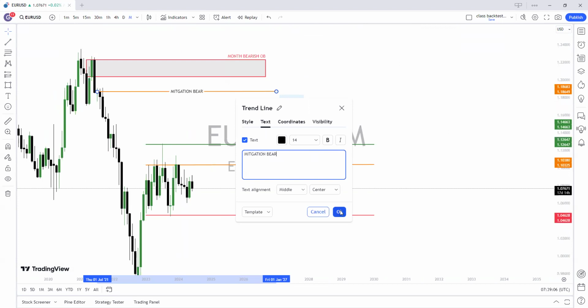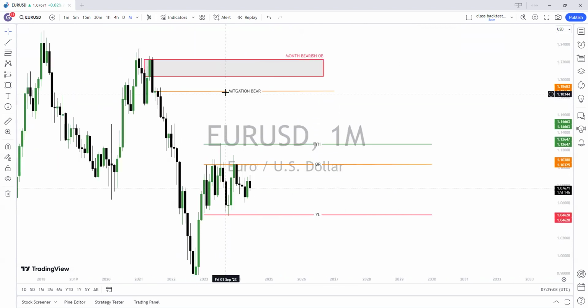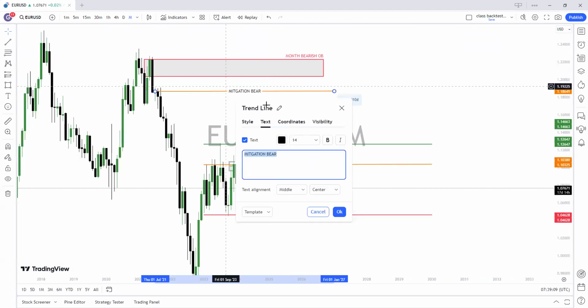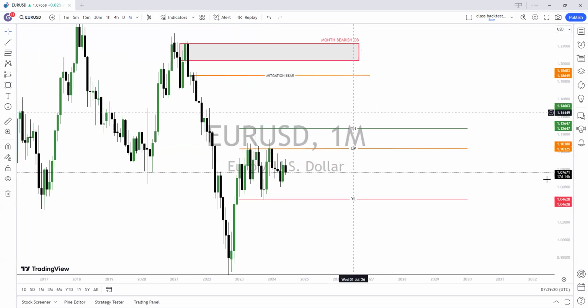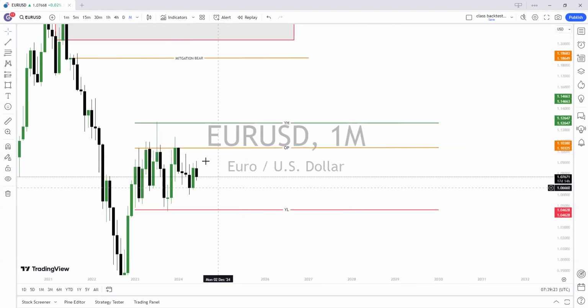Understand? So we can know that it's the bear mitigation right here. You have to forgive me because I like anything clean, so I can tell the story that price is telling. I can narrate it better.